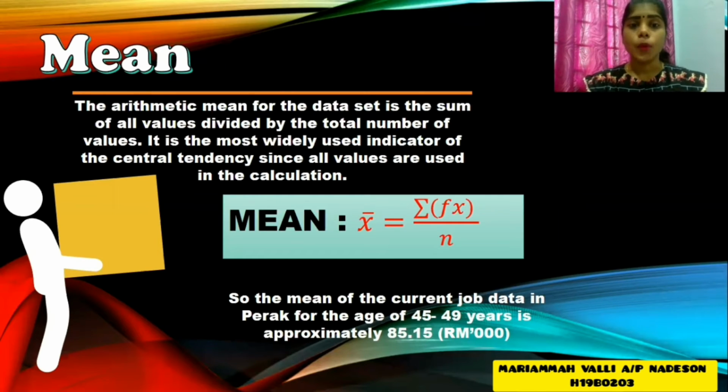It is the most widely used indicator of central tendency since all values are used in the calculation. This is the formula of mean. So the mean of the current job data in Perak for the age of 49 to 59 years is 85.15.